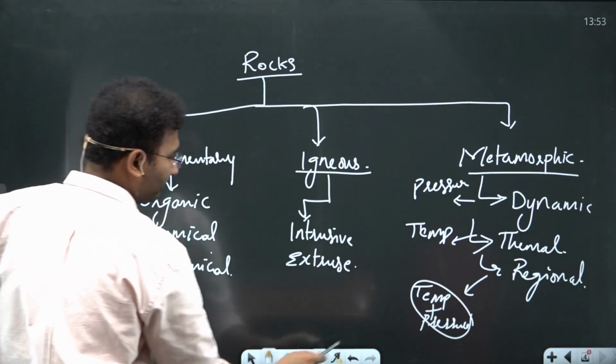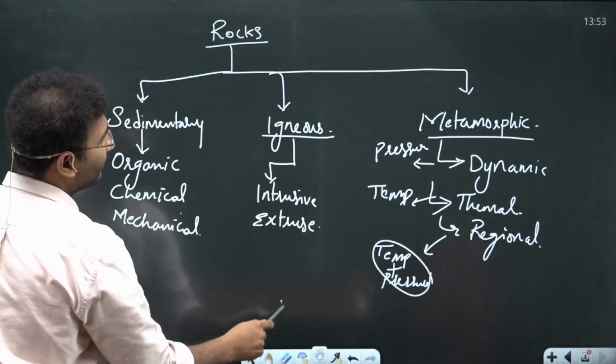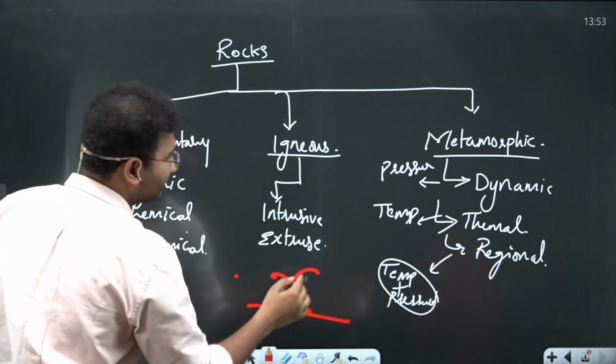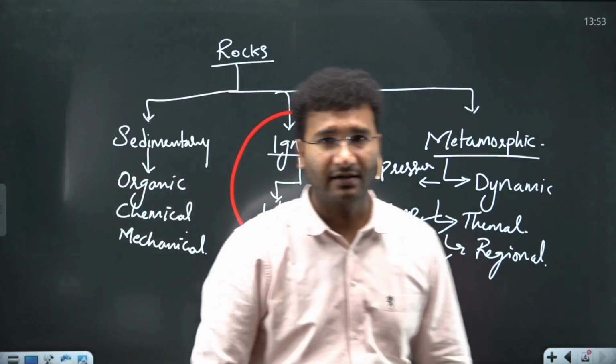Now look here, what is a parent rock here? The parent rock is always the one which comes from a volcano, that is your igneous rock.